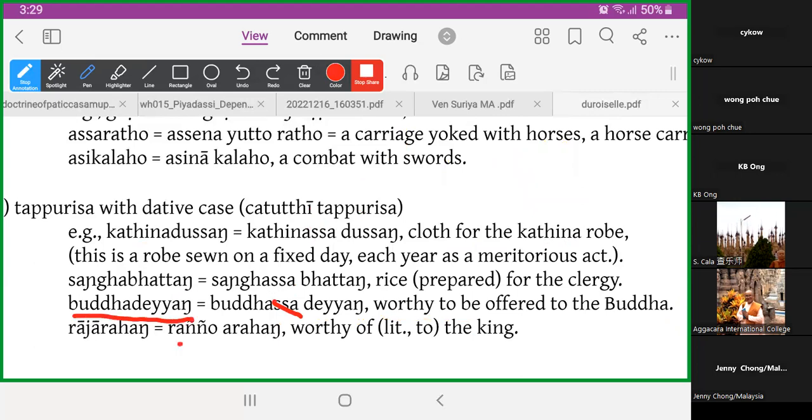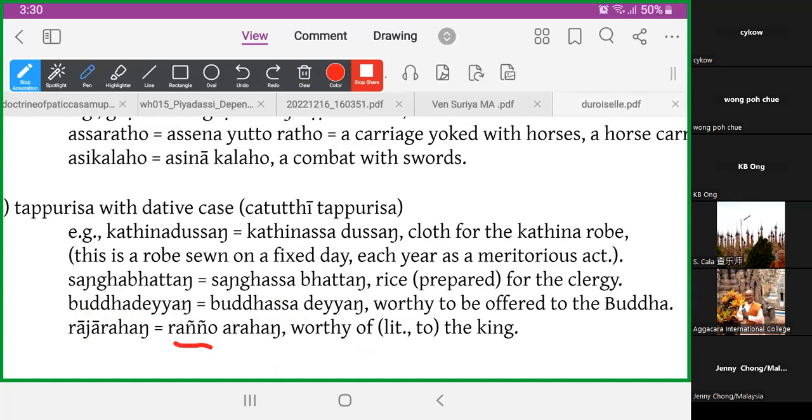This one is Ranno. Ranno here is a dative case also, right? So when you combine, you maintain Raja. Go back to the original form, Raja plus Araham. So Raja plus Araham maintains the long A here, Rajaraham, worthy to the king. Right?